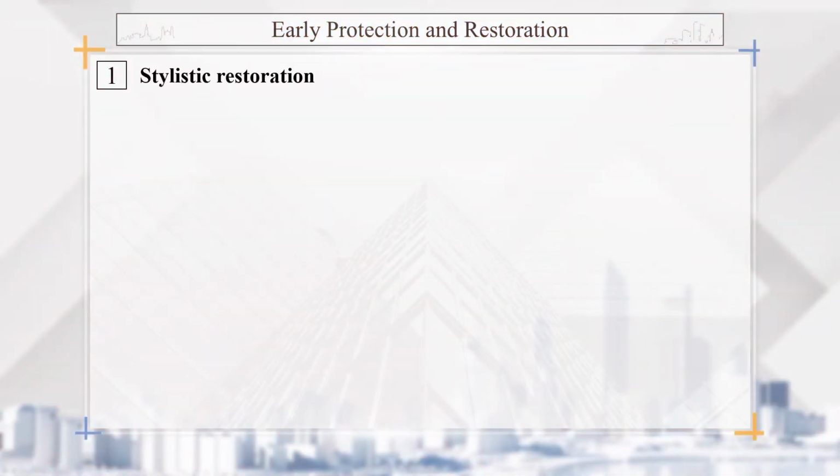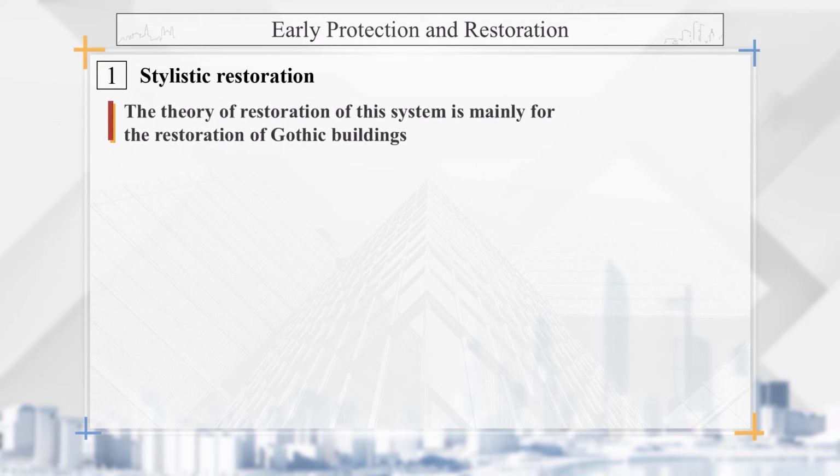The first is stylistic restoration. France is the country that began to focus on heritage protection earlier. The restoration of style is the beginning of the renovation theory of renovated buildings.